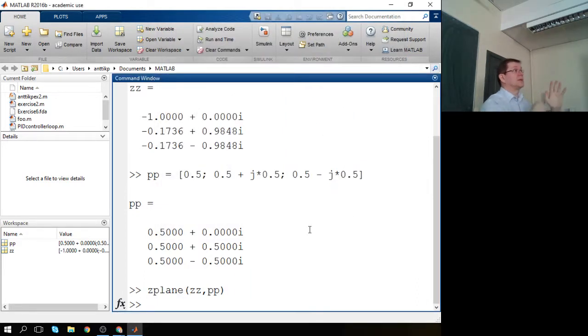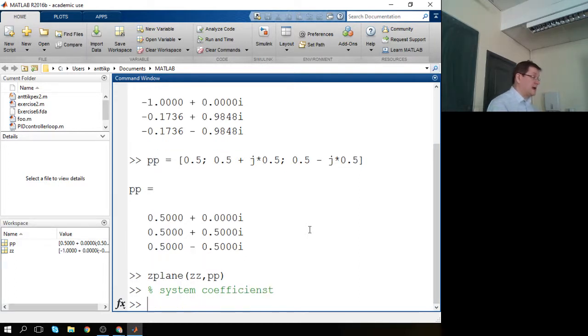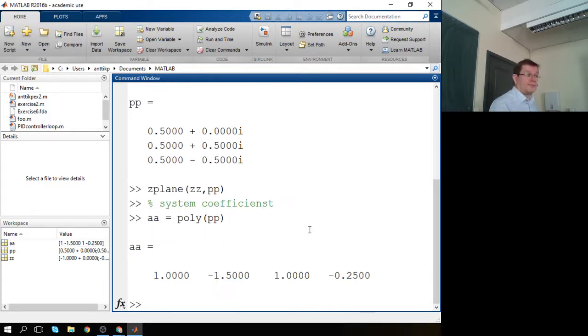And then I will calculate the system coefficients A and B. A equals the polynomial defined by the roots, the poles. Oh, that's nice.